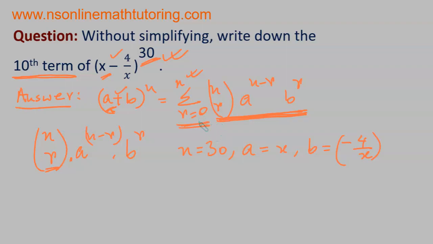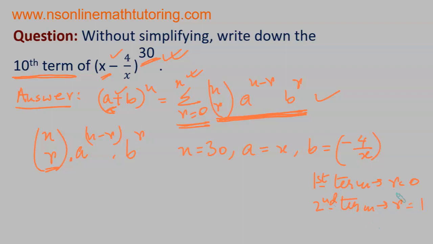So, that will be for the first term, because this sigma notation gives all the terms of the binomial expansion. So, when r is equal to 0, that should be the first term. So, for the first term, r is equal to 0. For the second term, r is equal to 1.